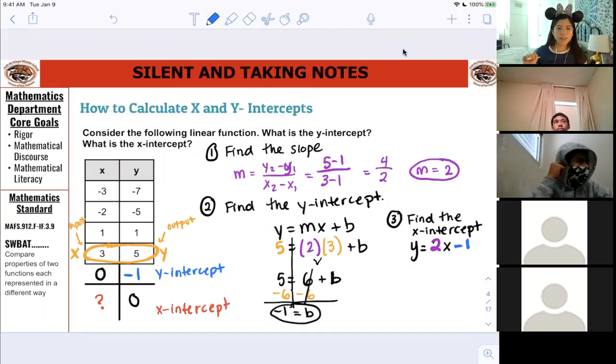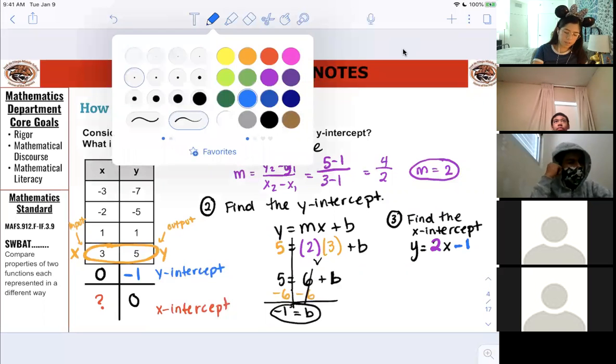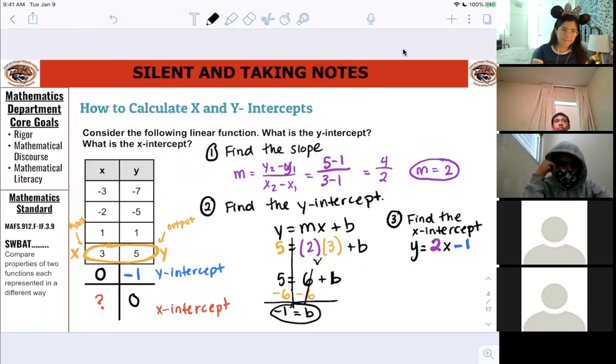Okay, now I've got this equation. I'm trying to find the x-intercept. So what should I make this equation equal to? Not x. Miss, what did you ask? Y. I have this equation. I'm trying to find the x-intercept. What should I make this equation equal to?